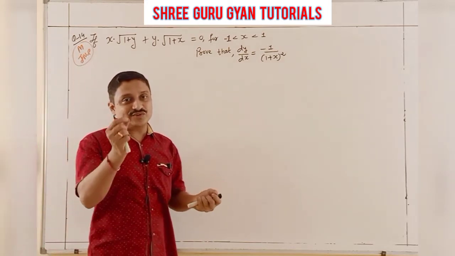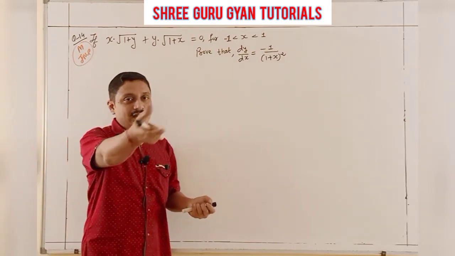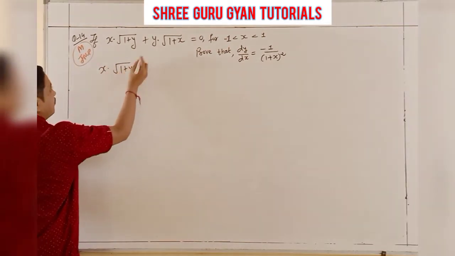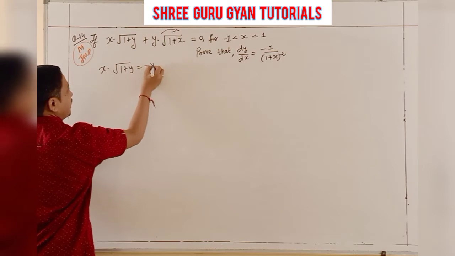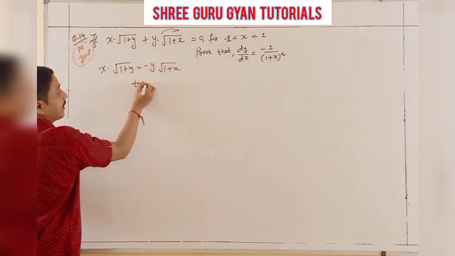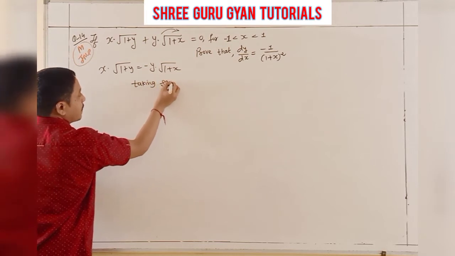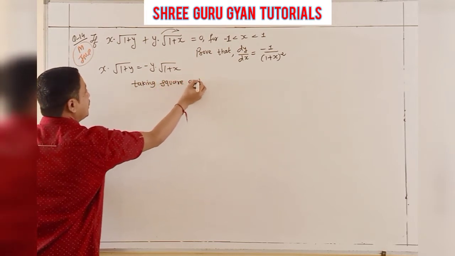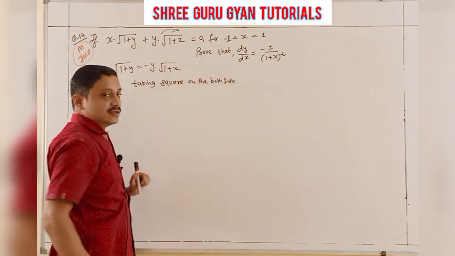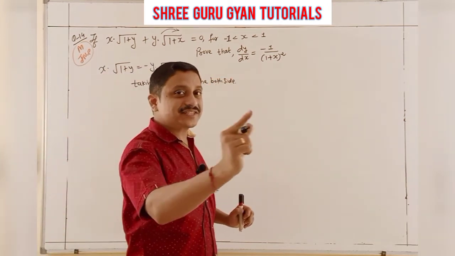Very easy, students. First, calculate the y value on one side and the x value on the other. So can we write down this on the right side as minus y, and taking square on both sides, because I want y value separation.